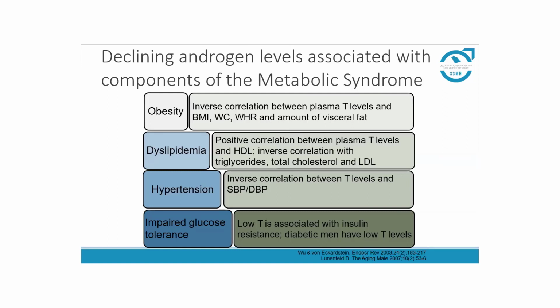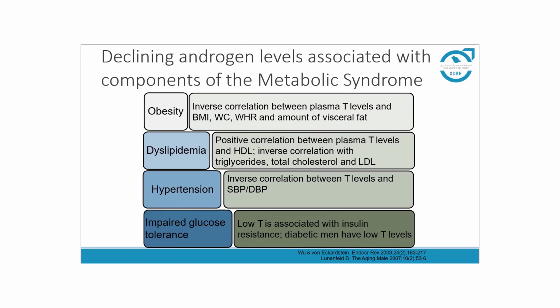In patients with dyslipidemia, there is a positive correlation between plasma T levels and the HDL, and an inverse correlation with the triglycerides, total cholesterol, and the LDL. In patients with hypertension, there is an inverse correlation between the testosterone level and the systolic blood pressure as well as the diastolic blood pressure.